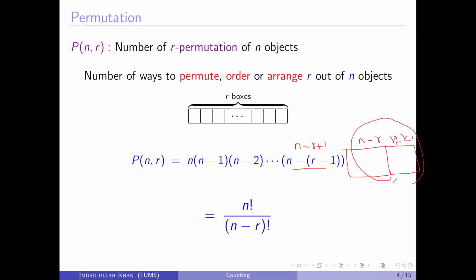So this part is essentially n minus R factorial. We have to get rid of this part because our number of boxes is limited to R. So we write n factorial over n minus R factorial.